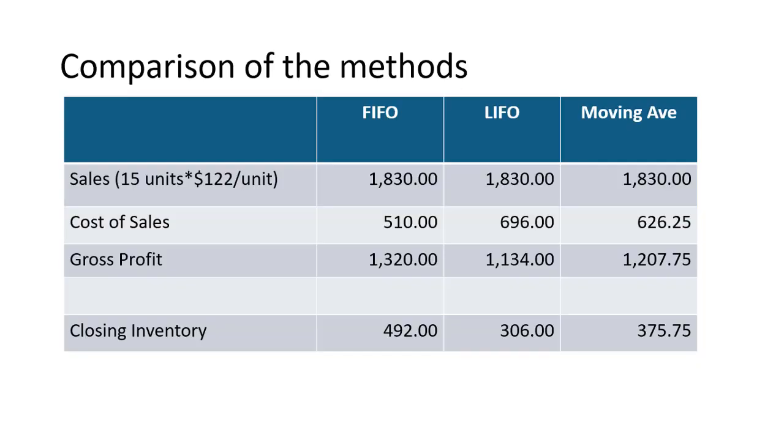If we do the comparison of the methods, we have the sale, of course, that will be 15 units. The sale price per unit will be $122. Cost of sales, you can see the comparison here. First in, first out is 510, while last in, first out it will be 696. Moving average will be $626.25.